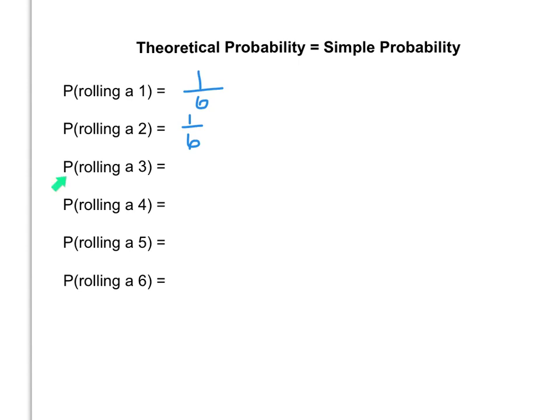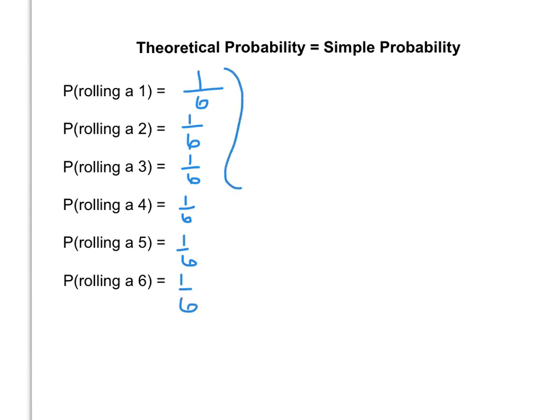And then if I asked you the probability of rolling a 3 with a standard die, again you would say it's 1 out of 6 because there's one face that is a 3 on a standard die out of 6. And the same goes for 4. The probability of rolling a 4 on a standard die is 1 out of 6. And for 5, it's also 1 out of 6. And for 6, it is also 1 out of 6.